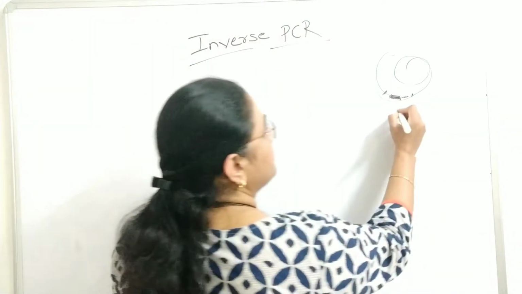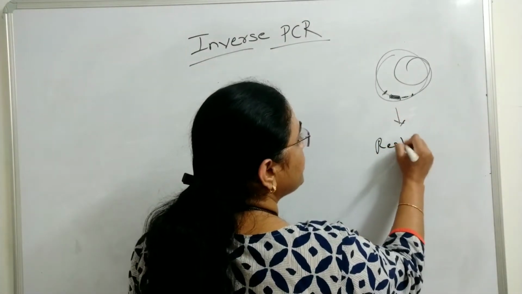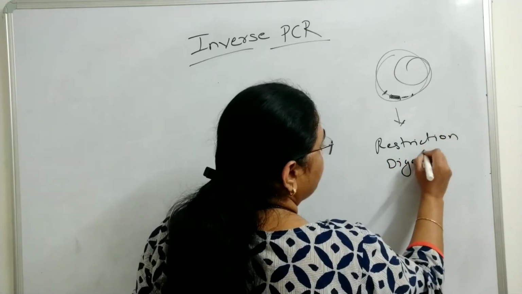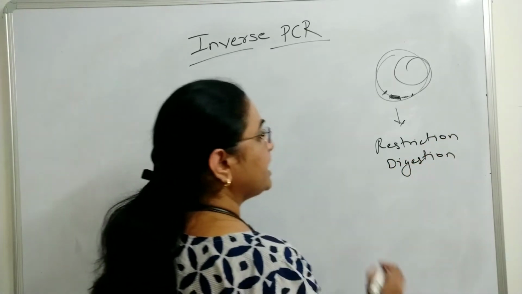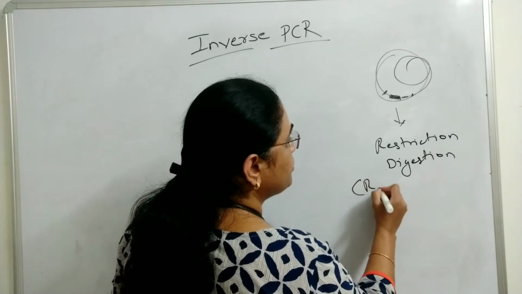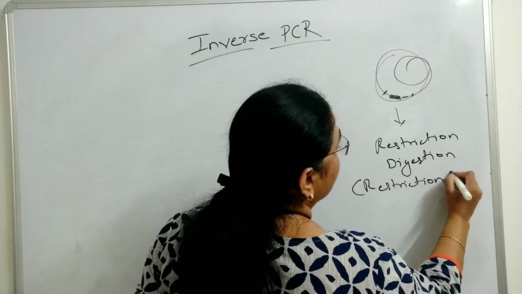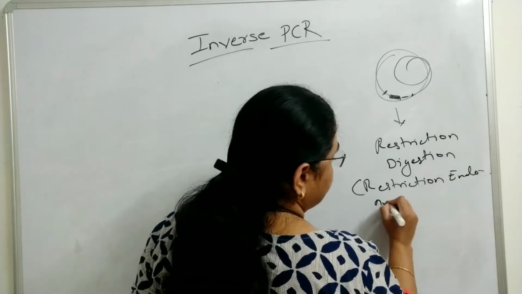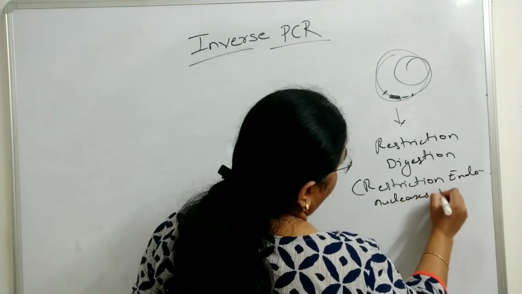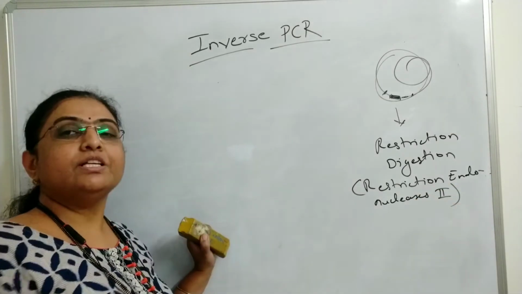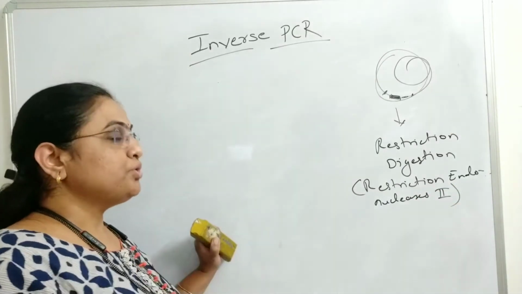For that purpose you are going to do the restriction digestion. For that purpose what is required? Restriction digestion, and in the restriction digestion you are using the restriction endonucleases. Type 2 restriction endonucleases, or the restriction enzymes of type 2, you are going to use.